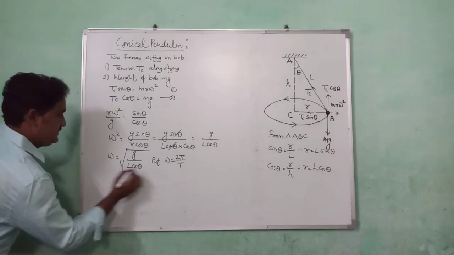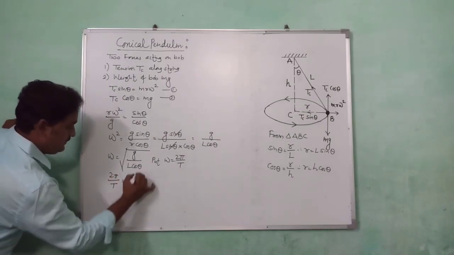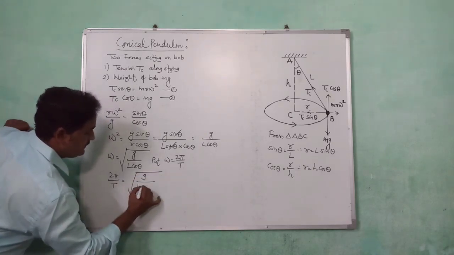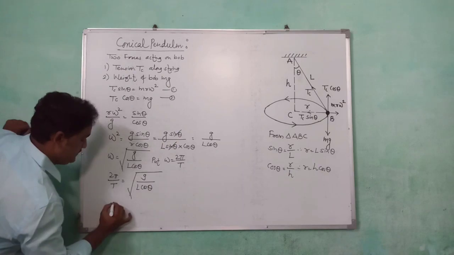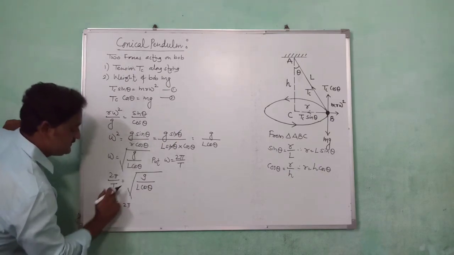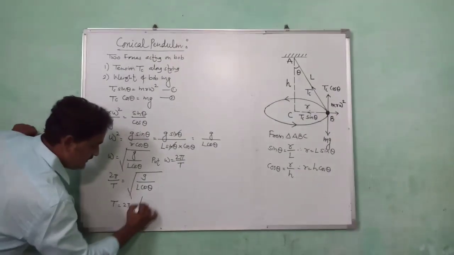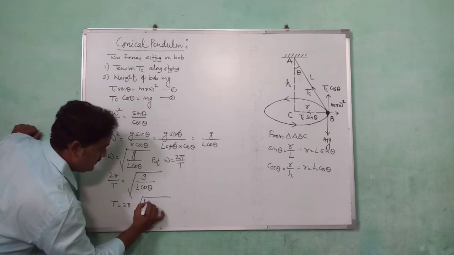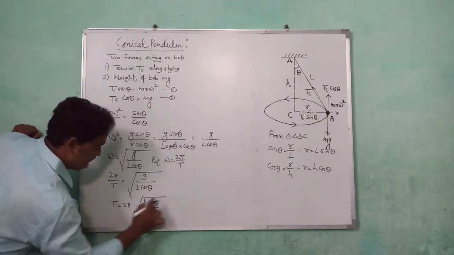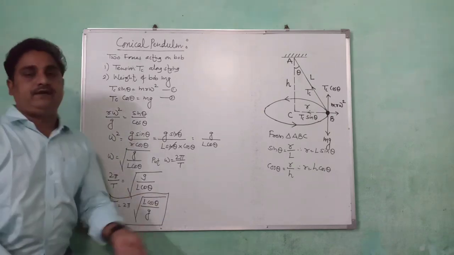So in terms of the period, we can write 2 pi by T is equal to under root of g upon L cos theta. Transfer this T toward this side and this term toward the left side, and you will get this equation. The period is 2 pi under root of L cos theta upon g. This is the period of the conical pendulum.